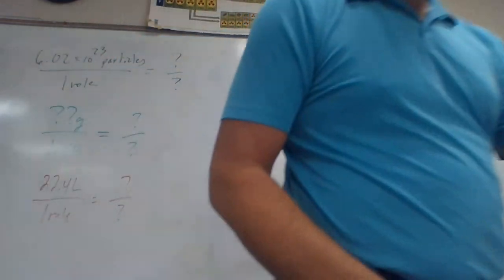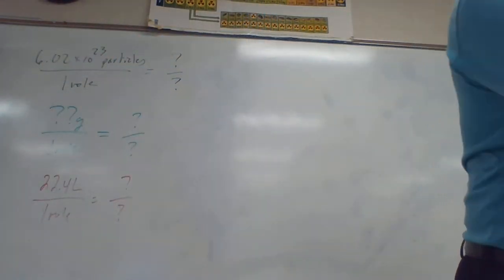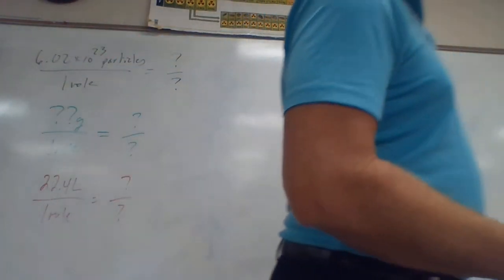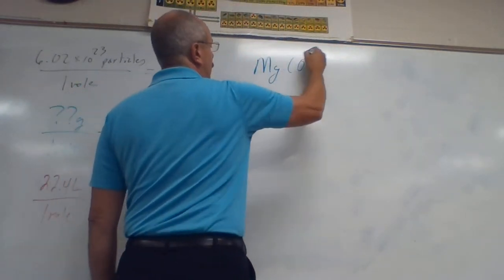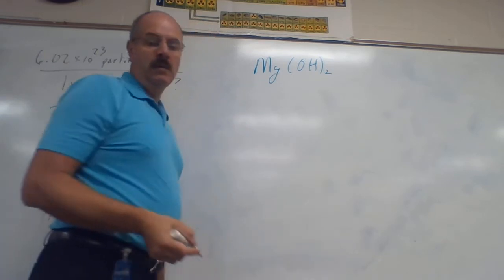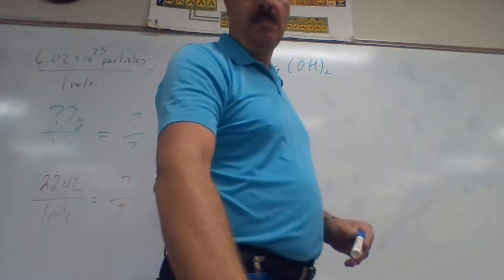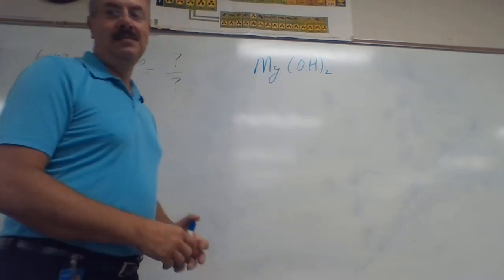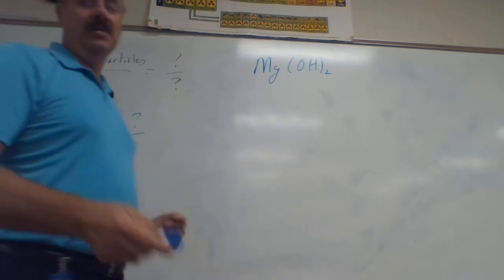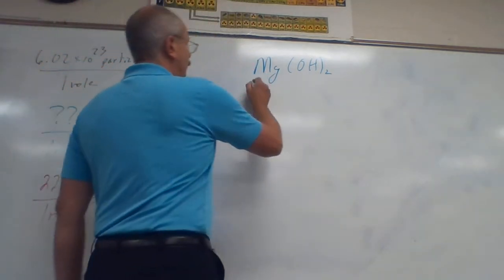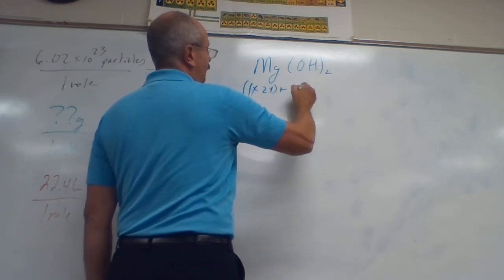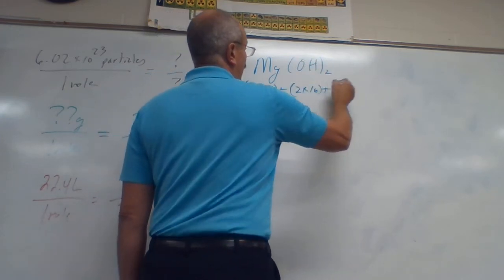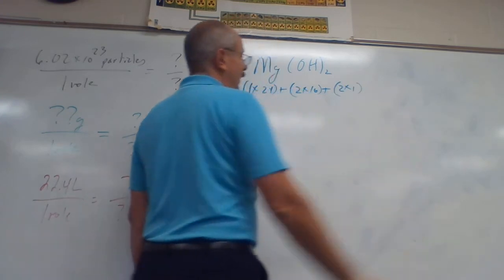All right, we'll go to letter C. So letter C, we got Mg(OH)2. All right, so we're going to do Mg(OH)2. So I got 1 magnesium, he's 24, plus, oh, there's 2 oxygens times 16, plus 2 hydrogens times 1.